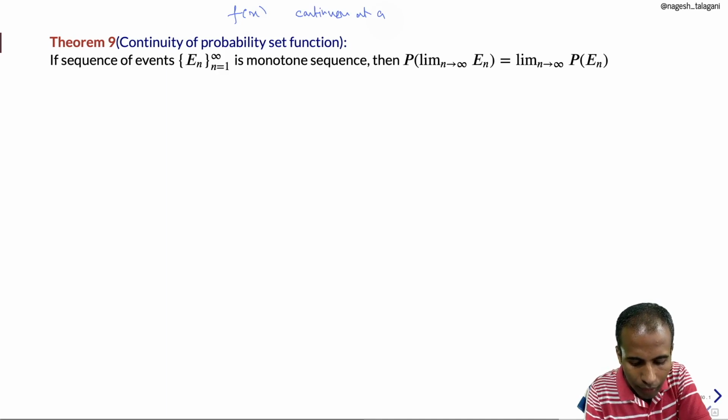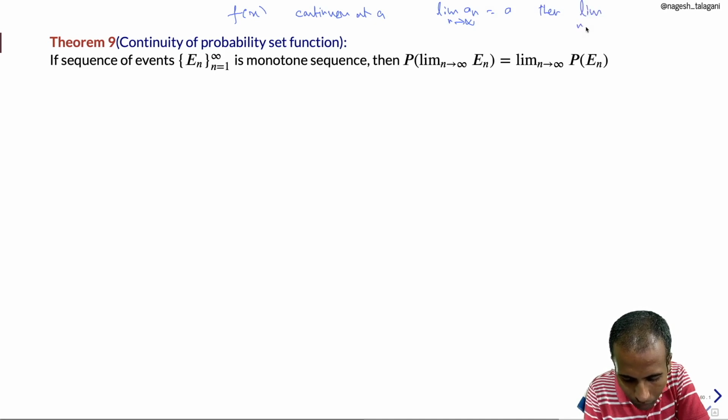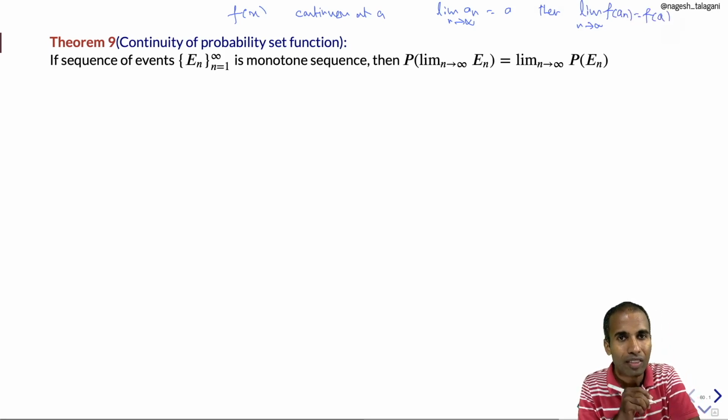That means if any sequence an converges to A, that is, the limit of an equals A, then the limit as n tends to infinity of f(an) equals f(A). This is the sequence characterization for continuity: whenever an approaches A, then f(an) approaches f(A), whenever f is continuous at A.